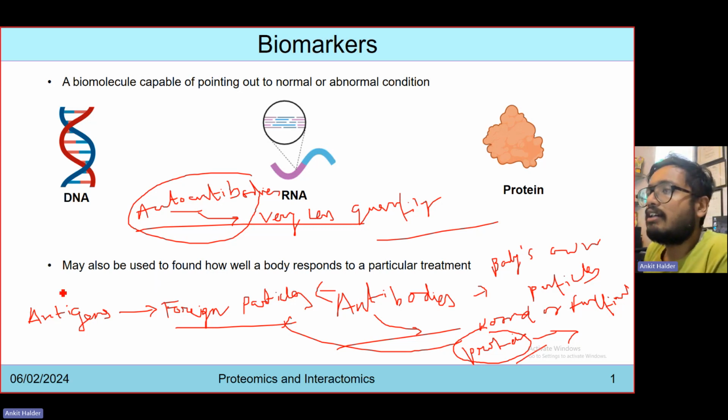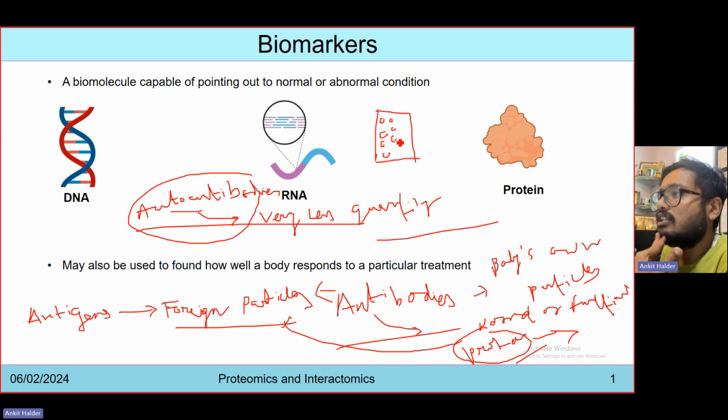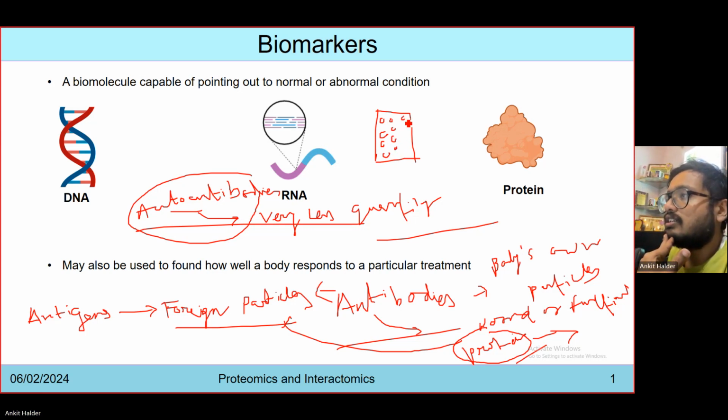If I take arrays, and we have protein sequences, so these proteins are printed on particular arrays.